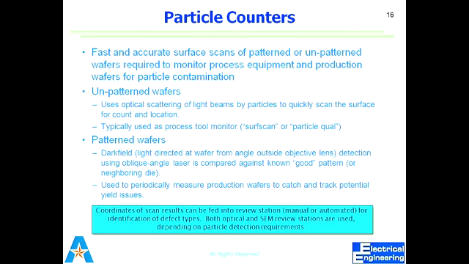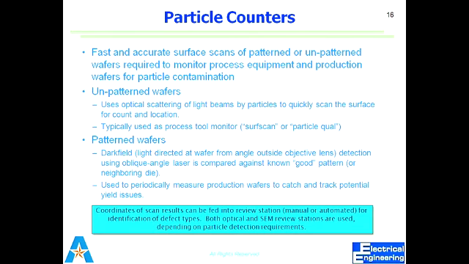For that case, if we have an unpatterned wafer surface, we use an optical laser that is striking the surface at right angle, that is, vertically it strikes the surface. You scan the complete wafer with that laser.